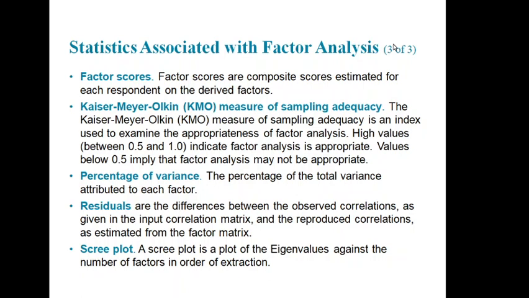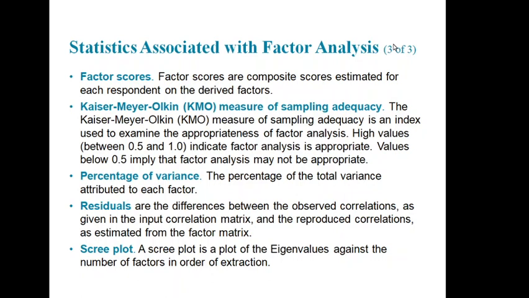High values between 0.5 and 1 indicate that factor analysis is appropriate. Values below 0.5 imply that factor analysis may not be appropriate in that particular research problem. So using KMO, you can say whether factor analysis can be done on that particular data set.